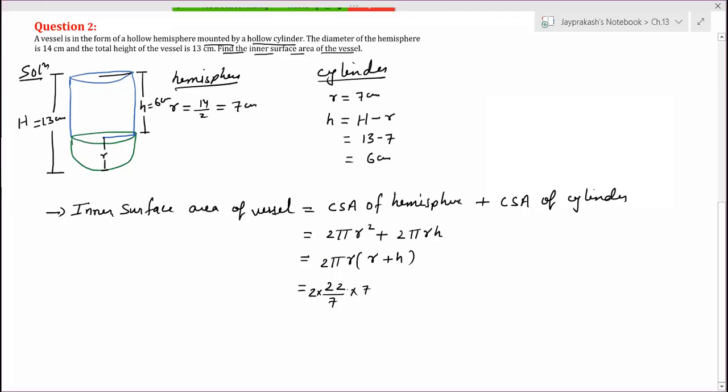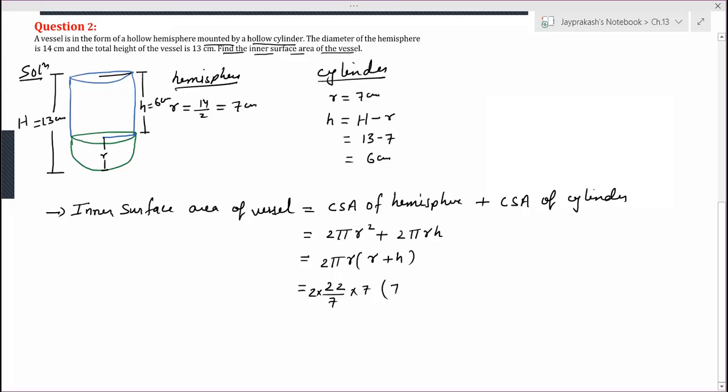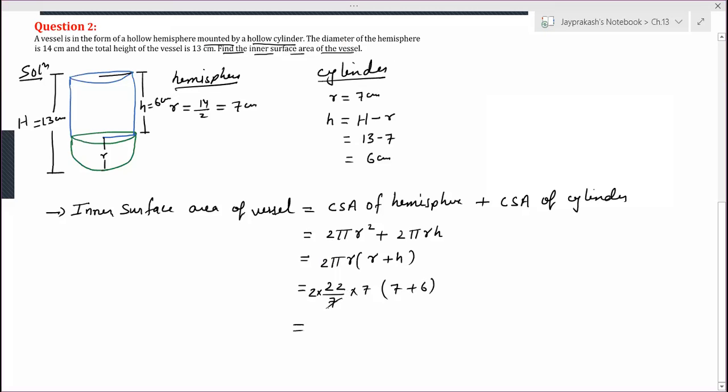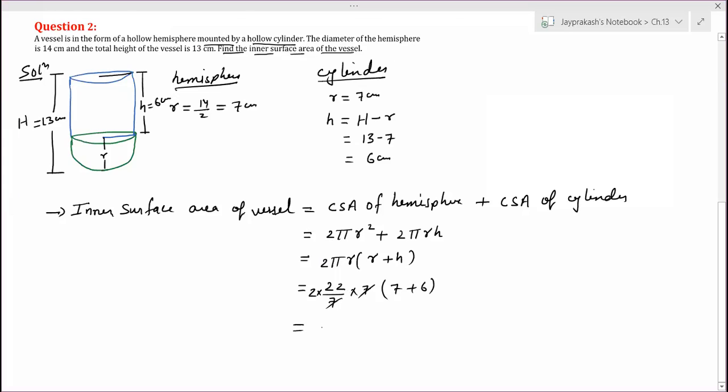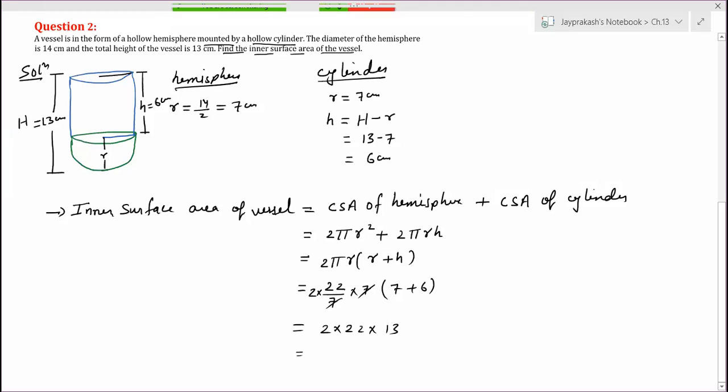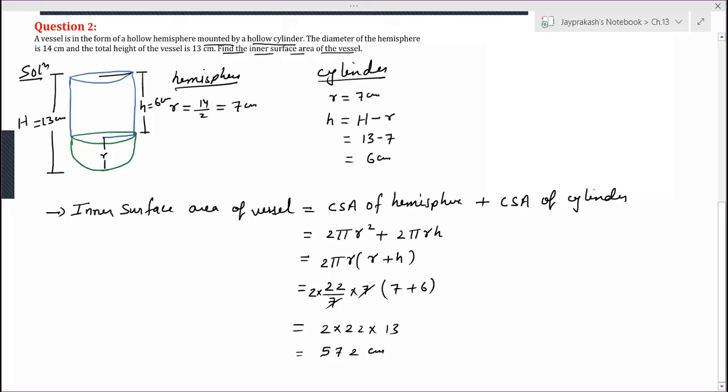So this side, 2 into 22 by 7 into 7, 7 plus 6. So 7, 7 cancel, 13. So the final answer will be 572 centimeter square.